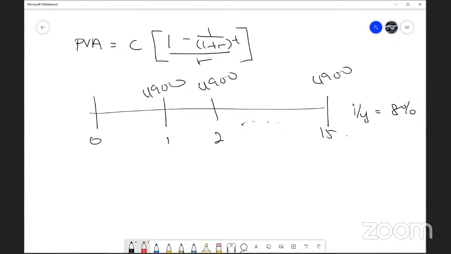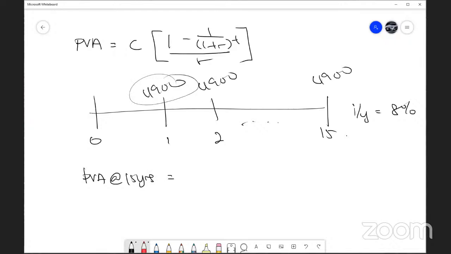So you start off with counting PVA for 15 years at 8%. Just replace into this formula.